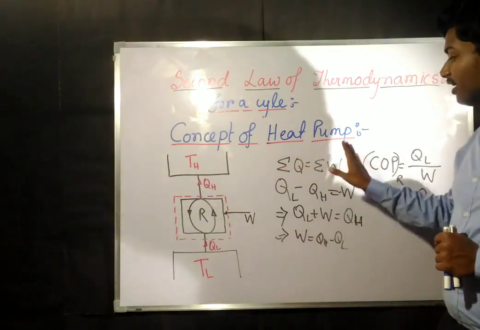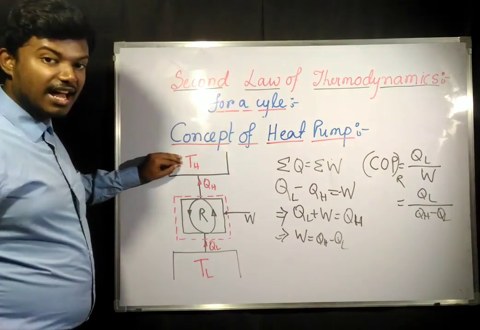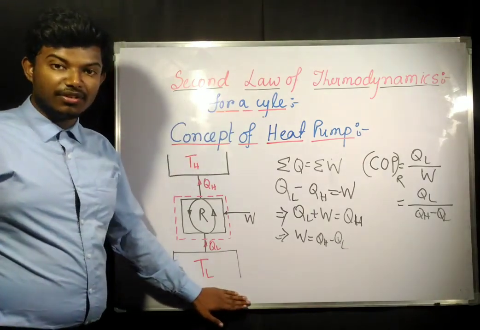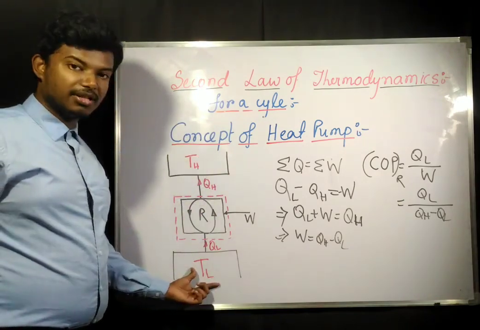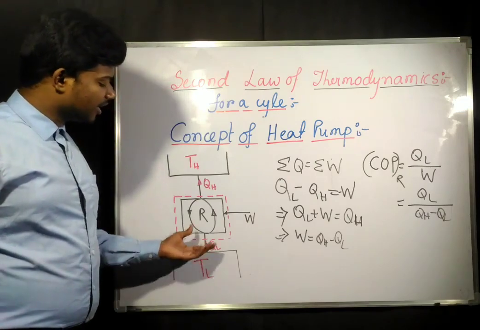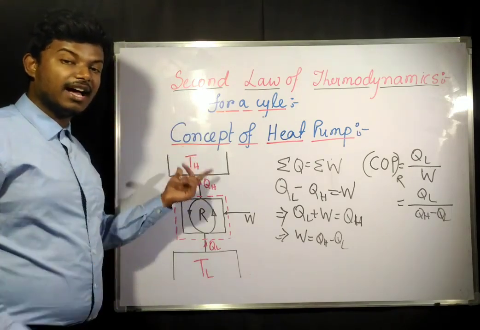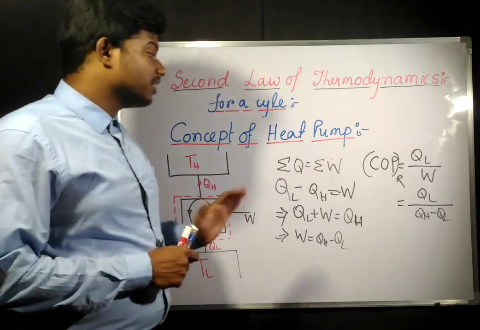Now in the case of heat pump, what will happen? You need to maintain this temperature higher than the atmospheric temperature. That means this thing is going to be equal to the atmospheric temperature. Previously this was atmospheric temperature, now this is atmospheric temperature. You need to take heat from the atmosphere and maintain a particular region higher than the atmospheric temperature. Then this is known as a heat pump.